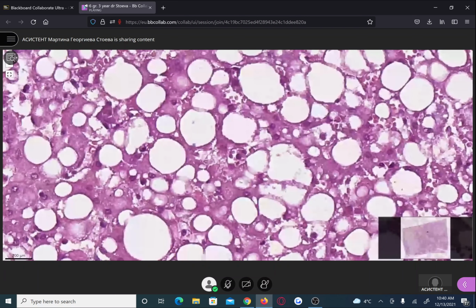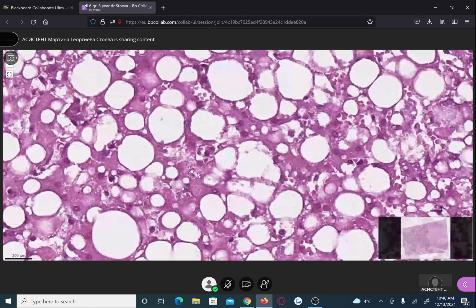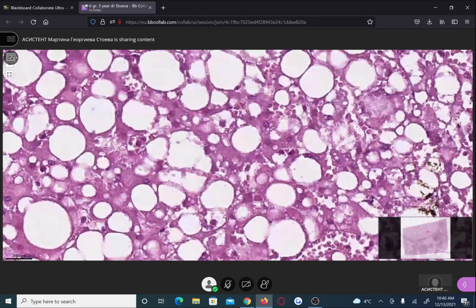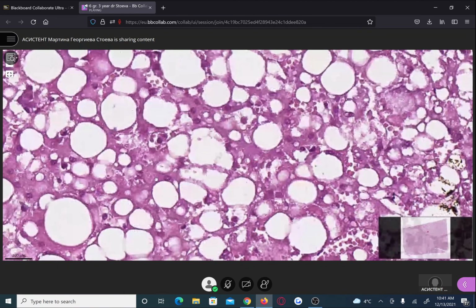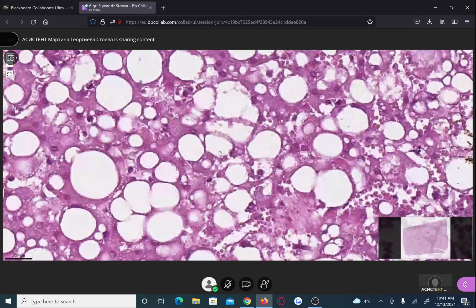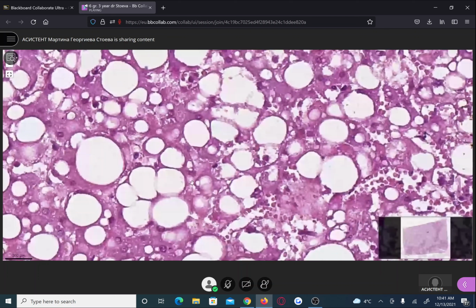The other thing is that we distinguish two different types of steatosis. It is microvesicular and macrovesicular. Microvesicular steatosis is when within one hepatocyte we can find several smaller lipid vacuoles, like here.